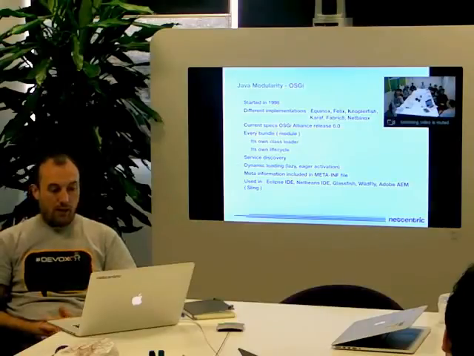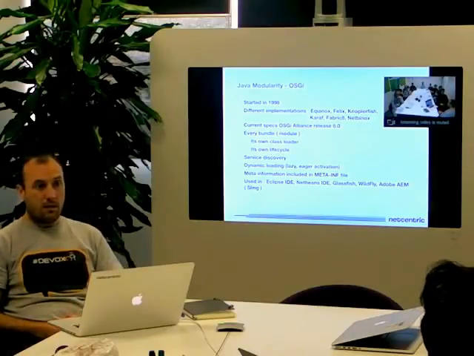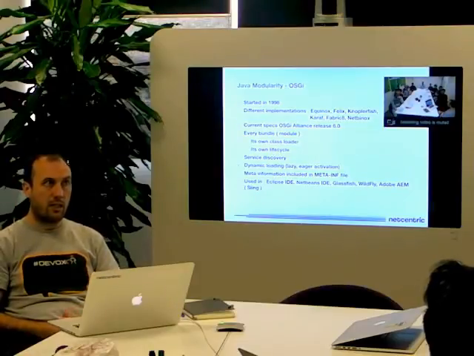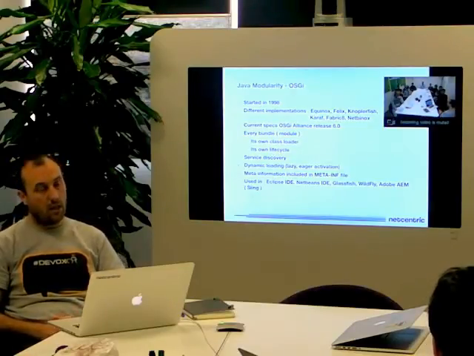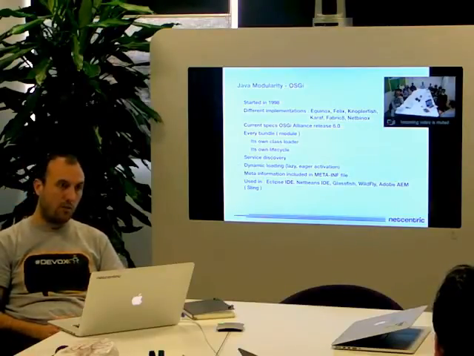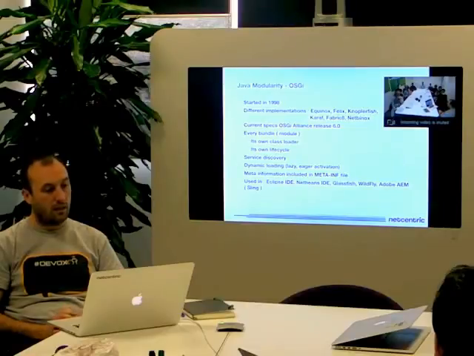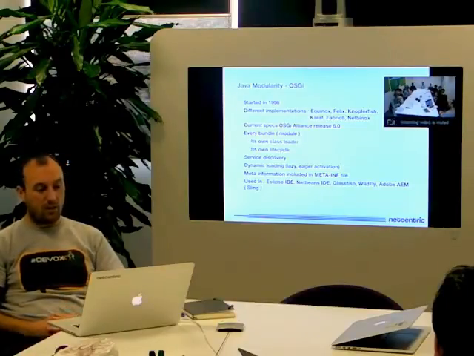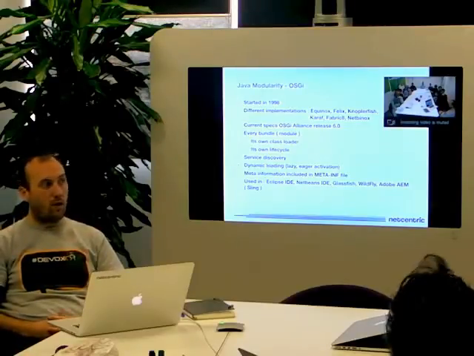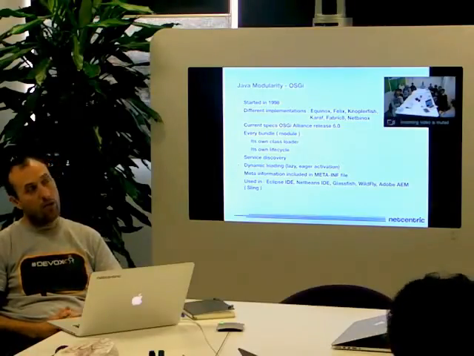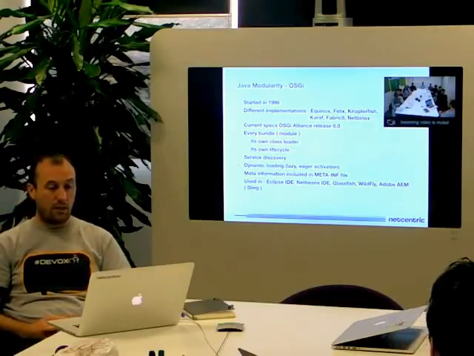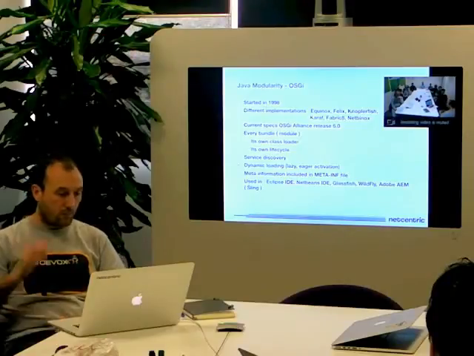Also, we have dynamic loading of the bundles, of the services, sorry, because we can start the services whenever the bundle starts, this would be the eager activation, or we can define the service as lazy, and it will be activated whenever another component, another OSGi managed class, requires that service to do something.